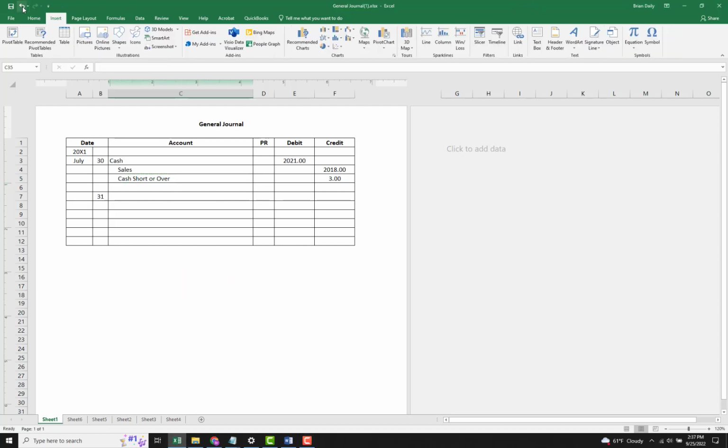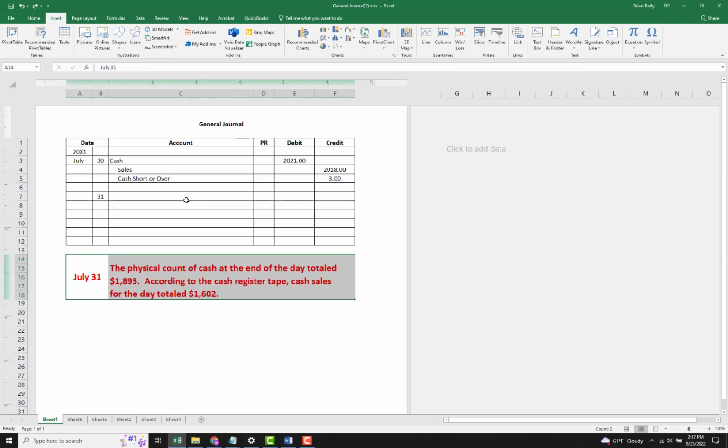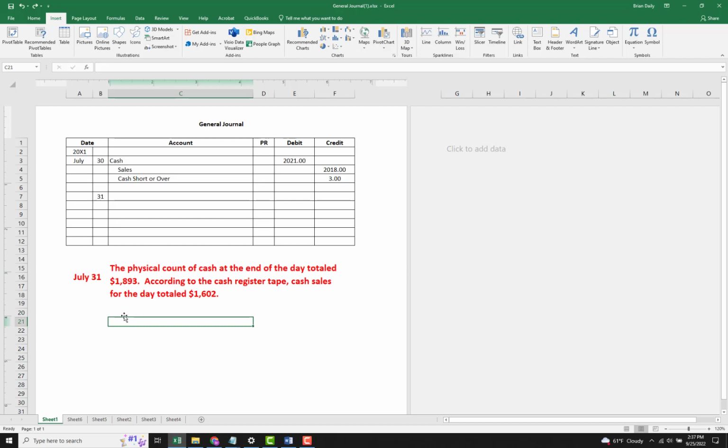Moving on to our next transaction. On July 31st, the physical count of cash at the end of the day totaled $1,893. According to the cash register tape, cash sales for the day totaled $1,602. So once again, like our last transaction, we need to figure out how much cash the business gained during the course of the day.